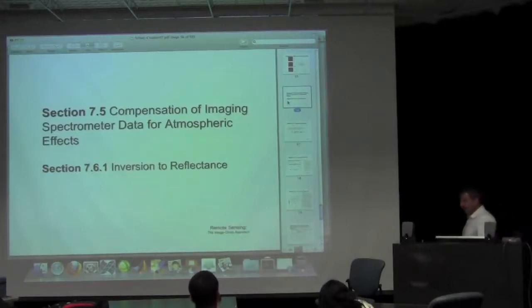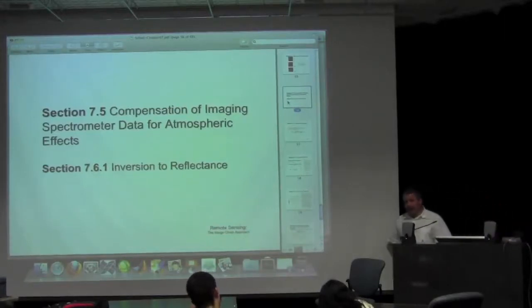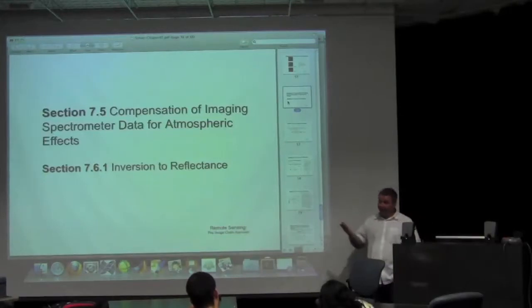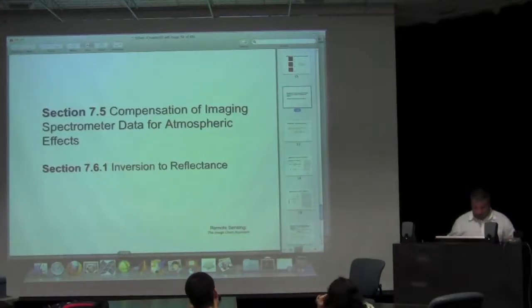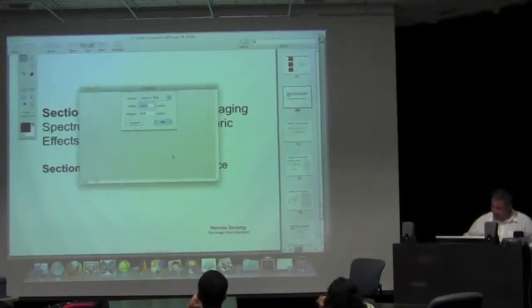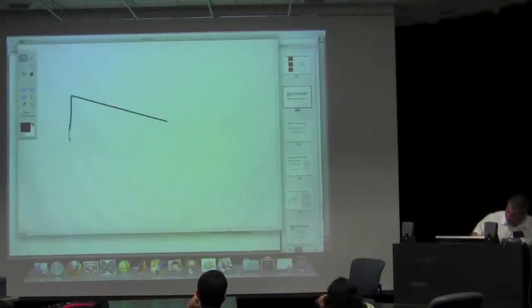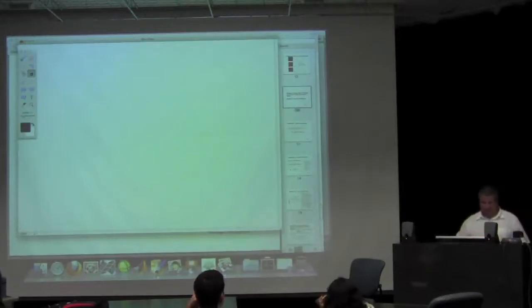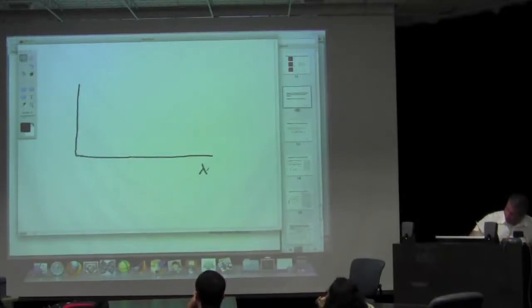So imagine you fly a spectrometer and you collect radiance data, and you have radiance reaching the sensor. You have these very fine spectral signatures. You'll have curves as a function of wavelength.